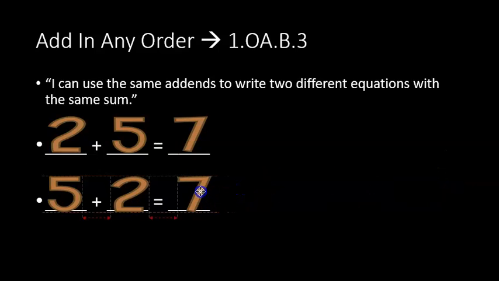And we're going to have the same answers as the top one here, 7 and 7. So look, boys and girls, our addition equations are complete. 2 plus 5 equals 7. 5 plus 2 equals 7. And that's what we call add in any order. As long as these numbers are the same, you're going to get the same answers here.